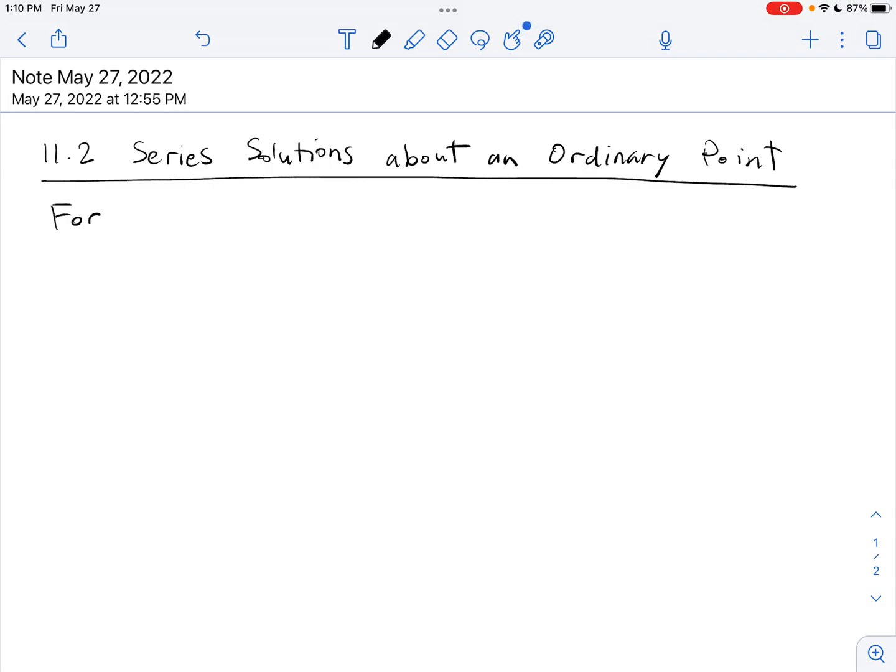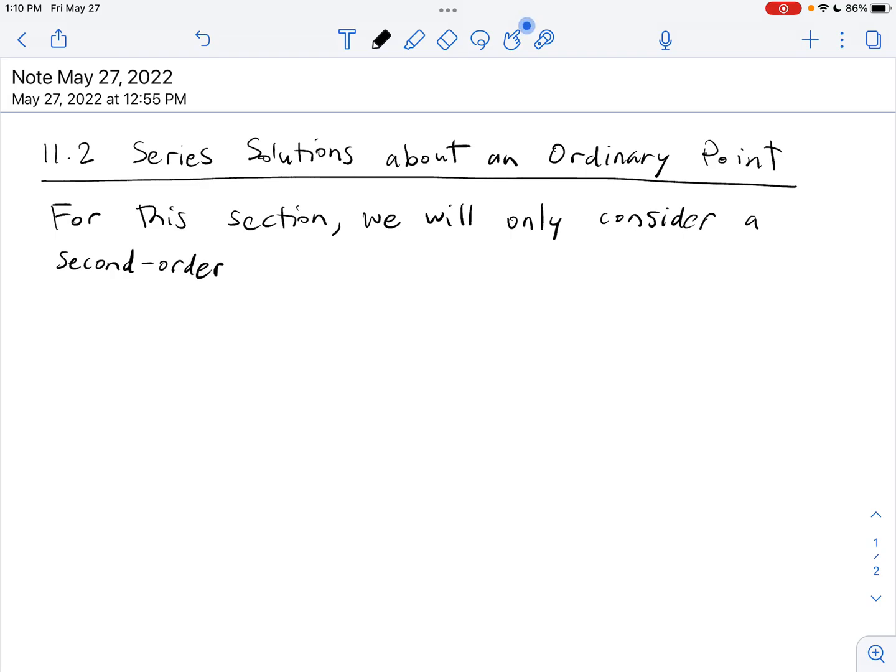So for this section, we will only consider a second order linear homogeneous differential equation.